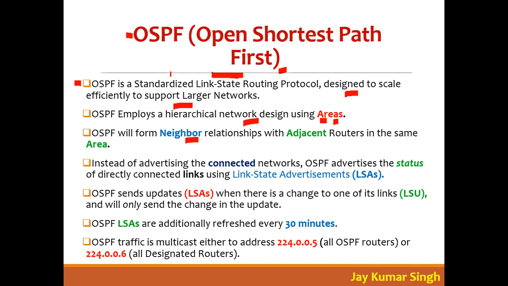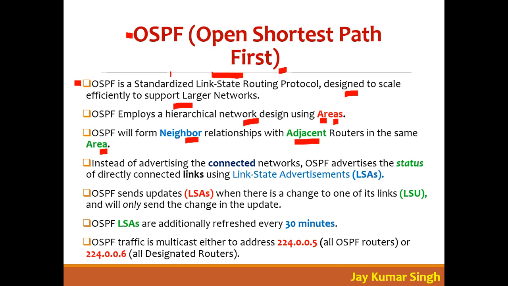OSPF will form a neighbor relationship with an adjacent router in the same area. It is normal, like in EIGRP, where you know that to become a neighbor of another EIGRP router, the AS number must be the same. So here also, any router that wants to become the neighbor of another router in OSPF, the area must be the same.